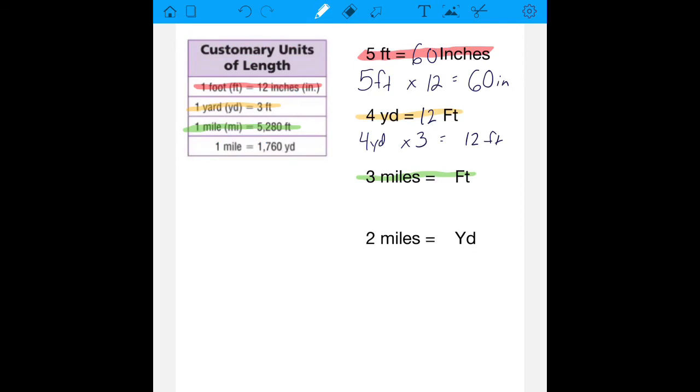In this case, I'm going to multiply 3 miles times 5,280. So that's going to be fairly significant. It's actually 15,840 feet. So 3 miles equals 15,840 feet.